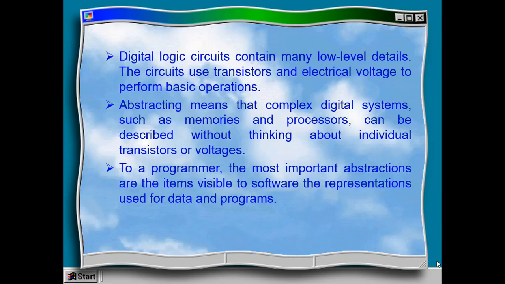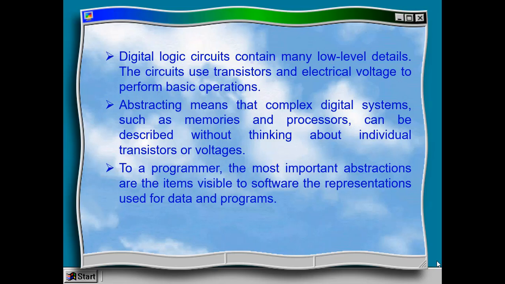Right? So, what is abstraction? It means that complex digital systems such as memories and processors can be described without thinking about individual transistors or voltage. So, abstraction in a nutshell means we want to hide the underlying details and use a high level of abstraction whenever possible.